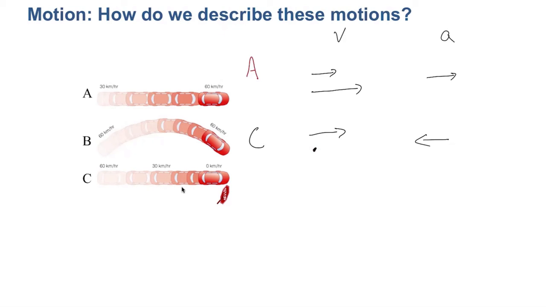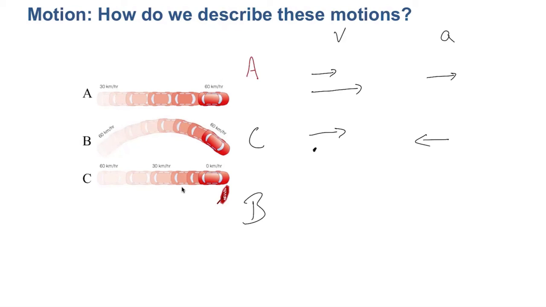Okay, now let's take the example of B. In B, we are driving around in an arc, in a part of a circle. Our speed starts out at 60 kilometers per hour and ends at 60 kilometers per hour. Our speed is not changing as we make this turn. Is our velocity changing?